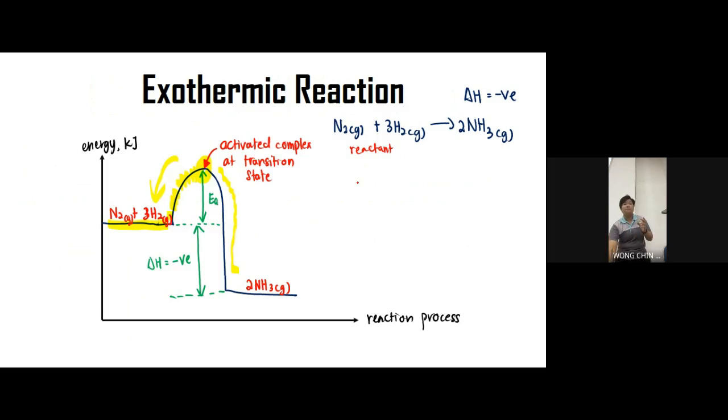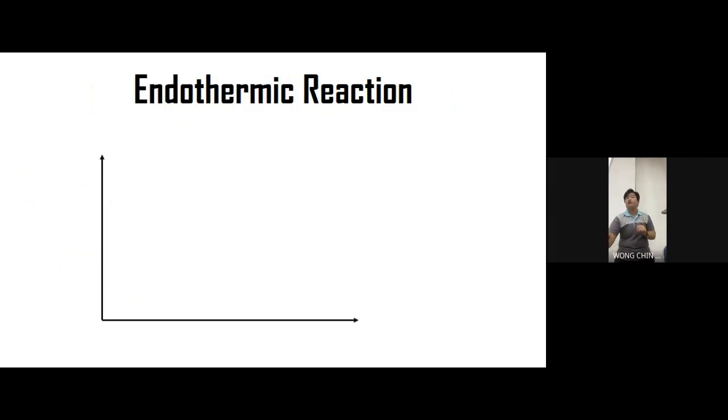If you involve bond forming, if you realize why I say bond forming is your N2 combined with your H2 to produce one compound. Bond forming, betul? Can you see the bond forming? Normally, delta H negative. Energy will be released. Kita tak perlu tenaga yang banyak sebab kita hanya nak tarik dan lekatkan diorang. Okay? Vice versa of your endothermic.